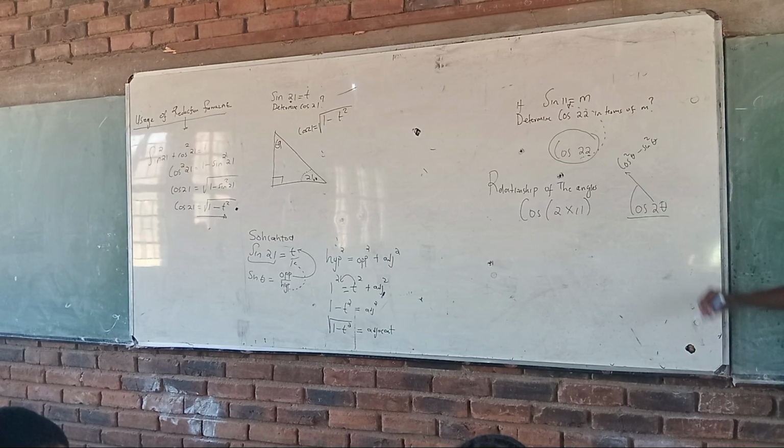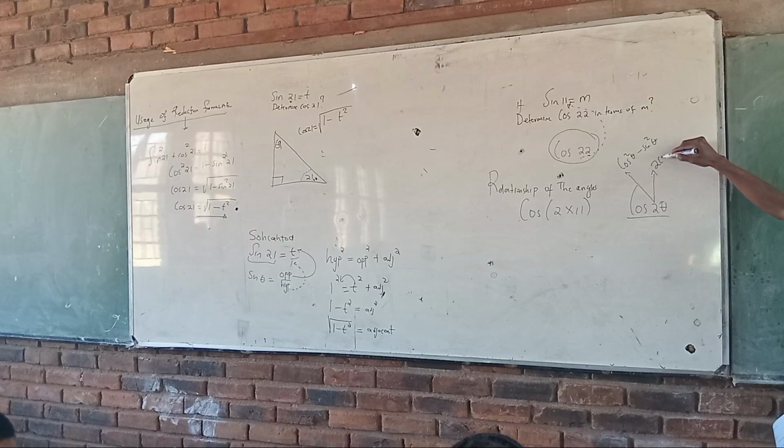Or it is equal to 2 cos squared theta minus 1. Or it is equal to 1 minus 2 sine squared theta. That is cos 2 theta again.